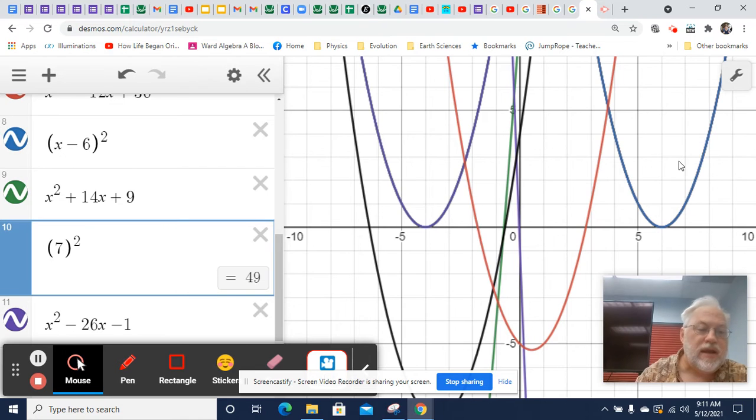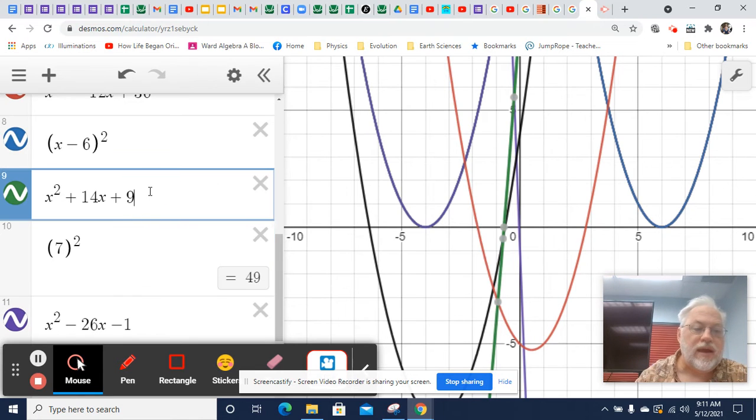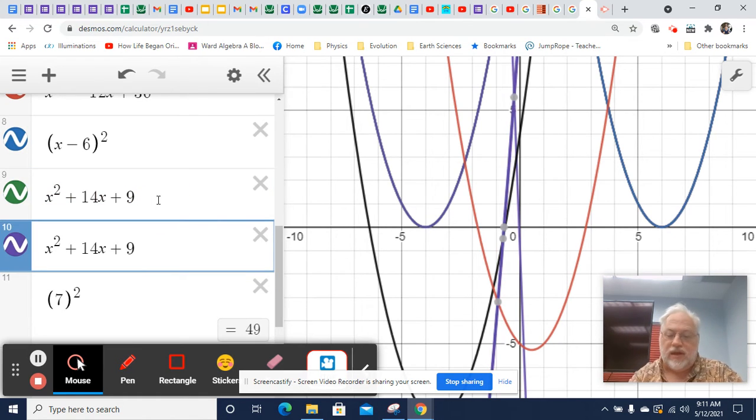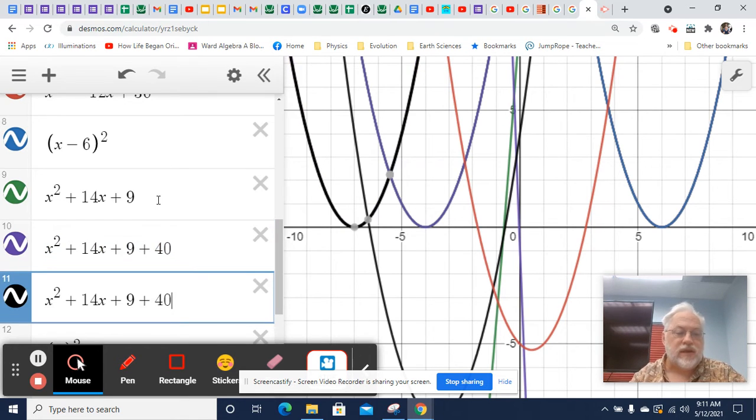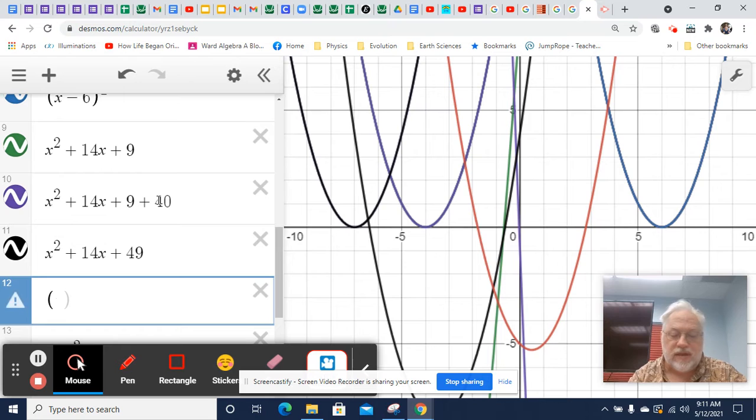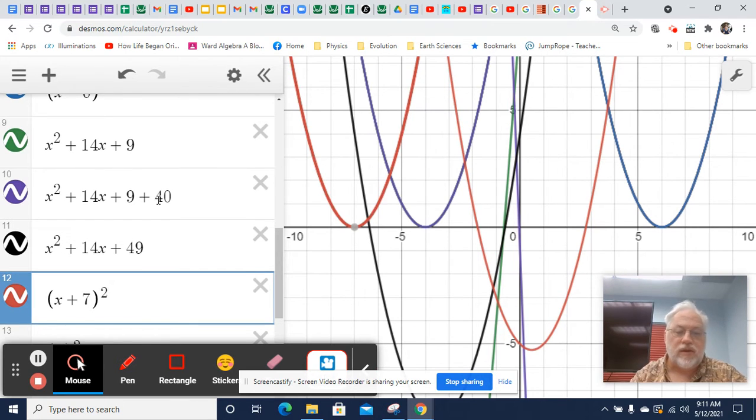So now my next step is to figure out what would I add to 9 to make it 49. And that's fairly straightforward. We're going to add 40 to it, and then that'll be just x squared plus 14x plus 49, and that factors nicely into x plus 7 squared.